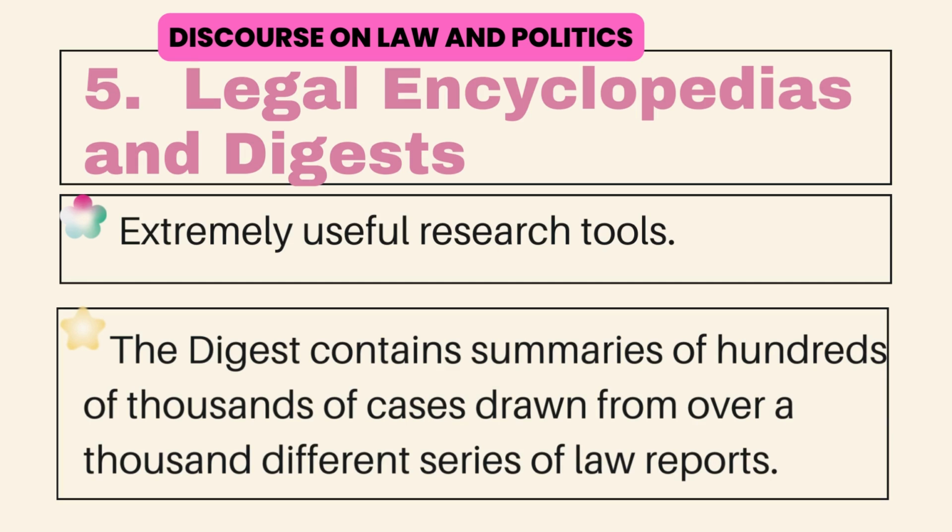So if you want to know about the genesis of the law, or the theme of any law, then you can refer to the encyclopedia. So it is really very useful for research.